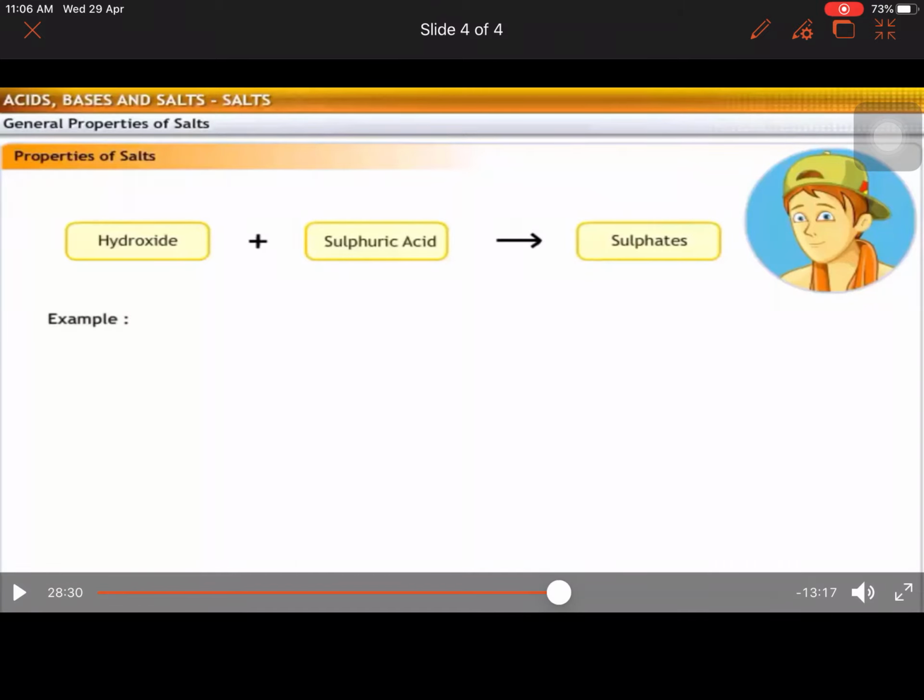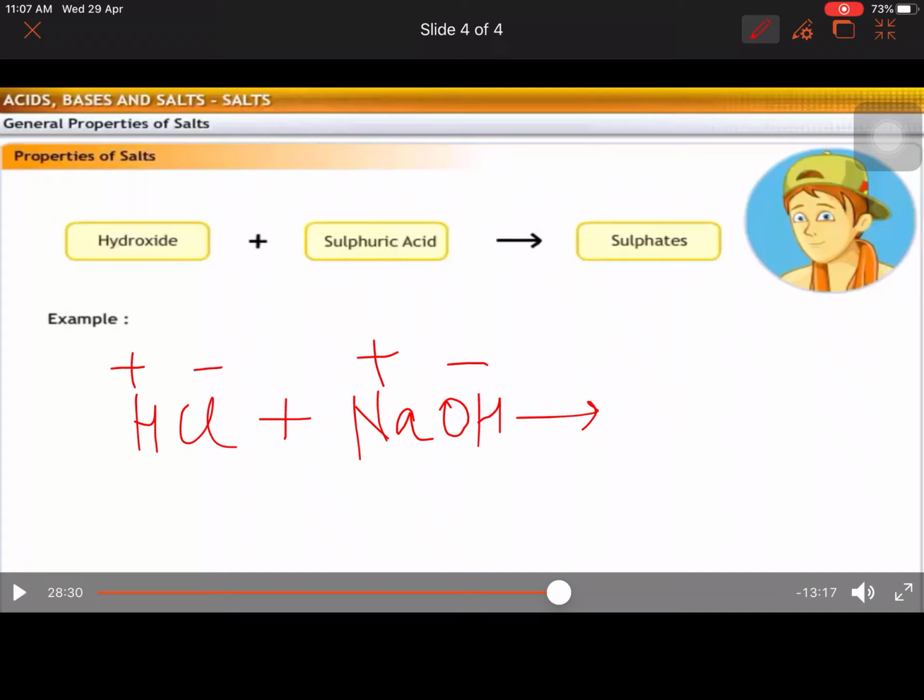Suppose I am taking the example of hydrochloric acid, hydrogen chloride, plus NaOH. It gives, see, plus, minus, plus, minus. Sodium is what? Metal. It is having positive charge. OH is hydroxyl having negative charge.